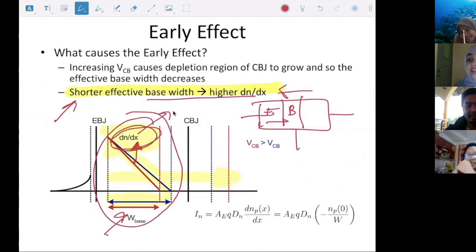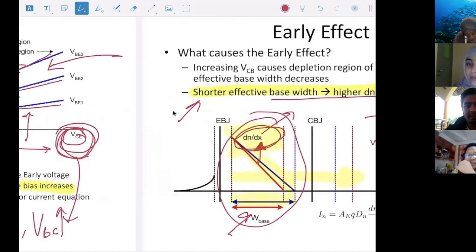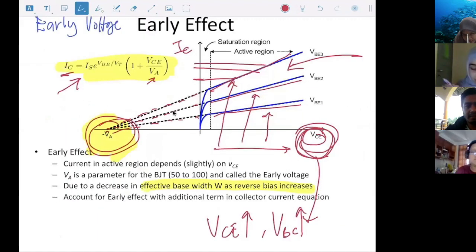Ma'am, when we increase VCE, do we mean that we have to increase the reverse bias for the base-collector junction? Yes, I explained this yesterday. When VCE increases, actually the VBC increases. You need to know this from first year undergraduate. How do you get VCE?